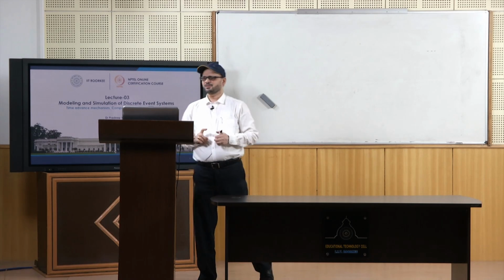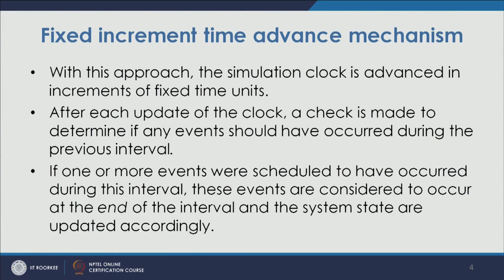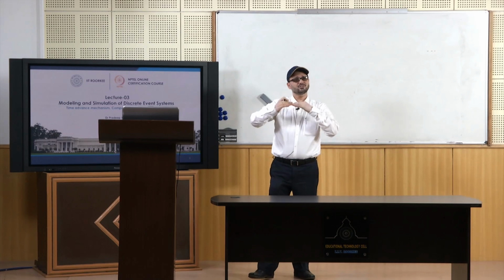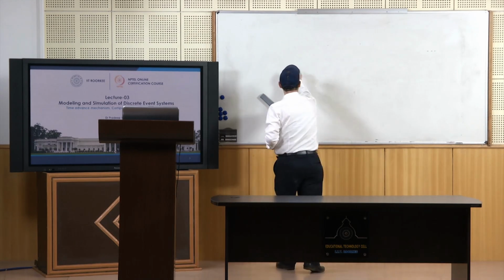Now, next is the fixed increment time advance mechanism. In the case of the fixed increment time advance mechanism, the simulation clock will move and it will jump for a fixed increment of time. So, what happens?